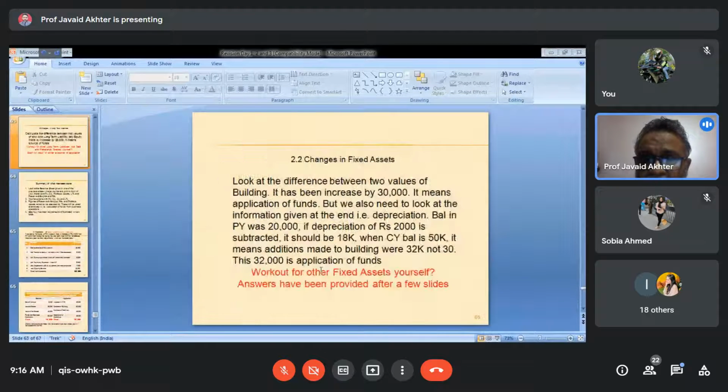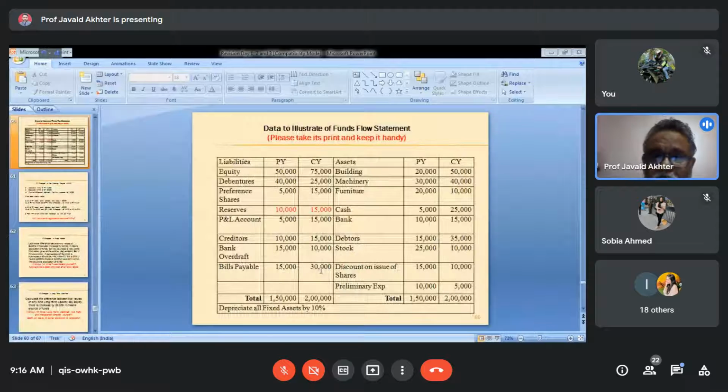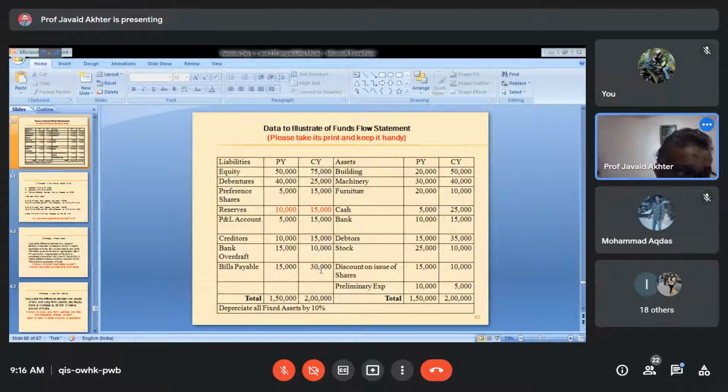This is the data which you may use for practice purposes. Some steps I have done, other steps you do on your own. Do you have any questions up to this stage? No, sir. See, these things would be clear to you only and only once you do it yourself.